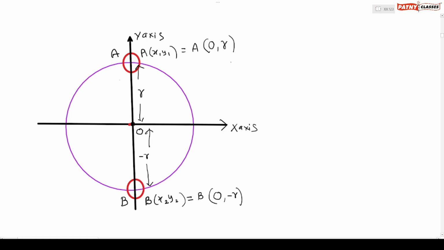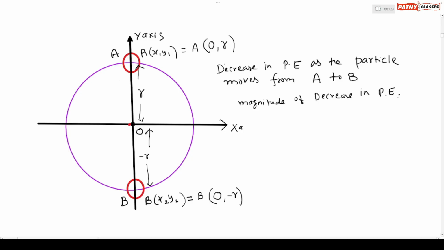Now as the particle moves from point A to point B, there is a change in the potential energy. As the particle moves from point A to point B, there is a decrease in potential energy. So the magnitude of the decrease in potential energy is equal to m into g into the change in height of the object, that is y2 minus y1.